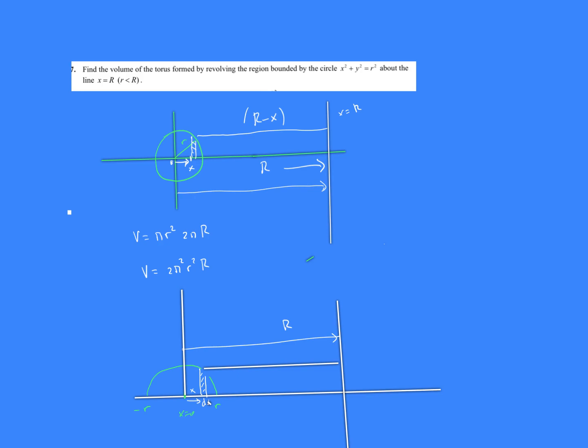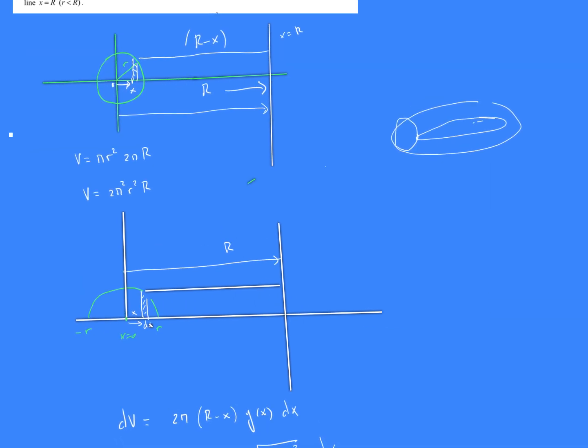If you do one rotation around x equal r, you will imagine a donut here. So this is the donut, and the circle is here. Let me do a better picture. This is the donut. This is the circle.